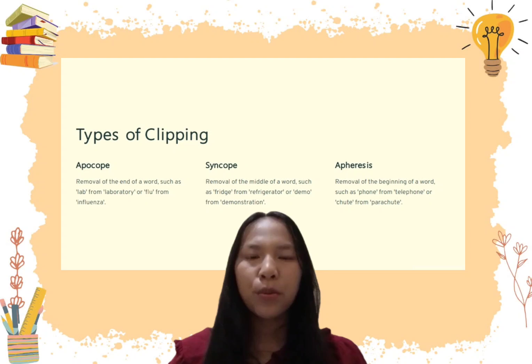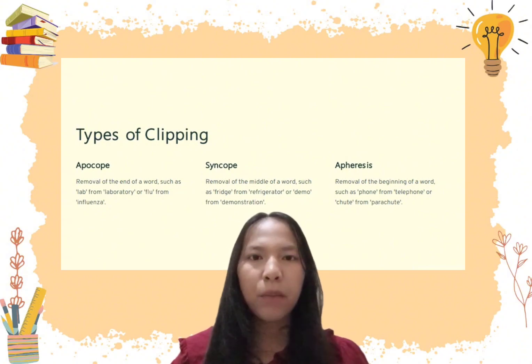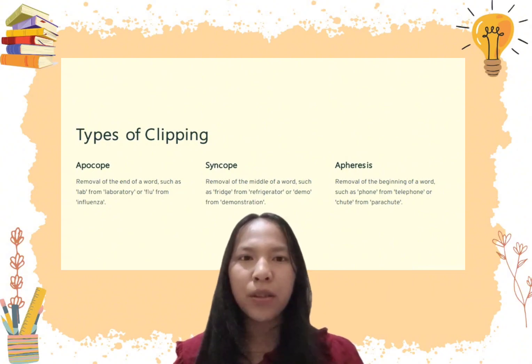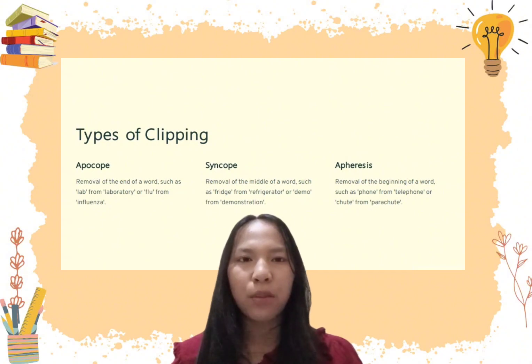Slide 3. Types of clipping. Now let's look at the three main types of clipping. The first is apocope. This is when the end of the word is removed. For example, lab comes from laboratory and flu comes from influenza. The second is syncope. This is when the middle of the word is removed.